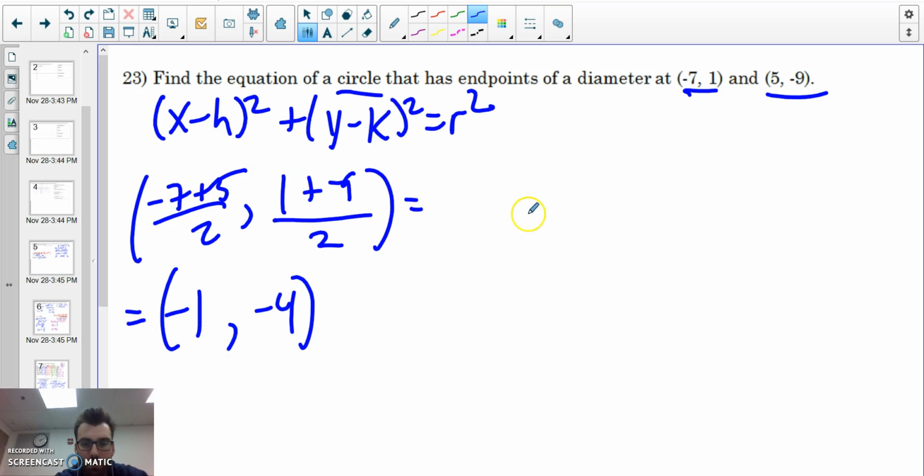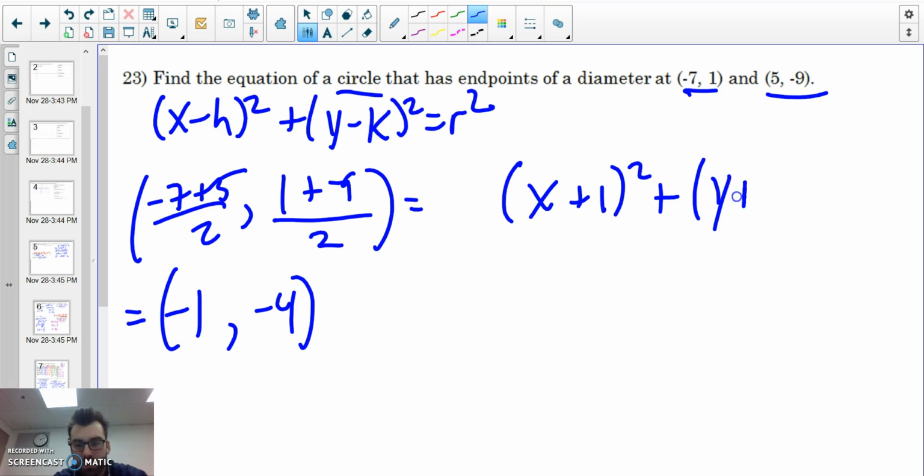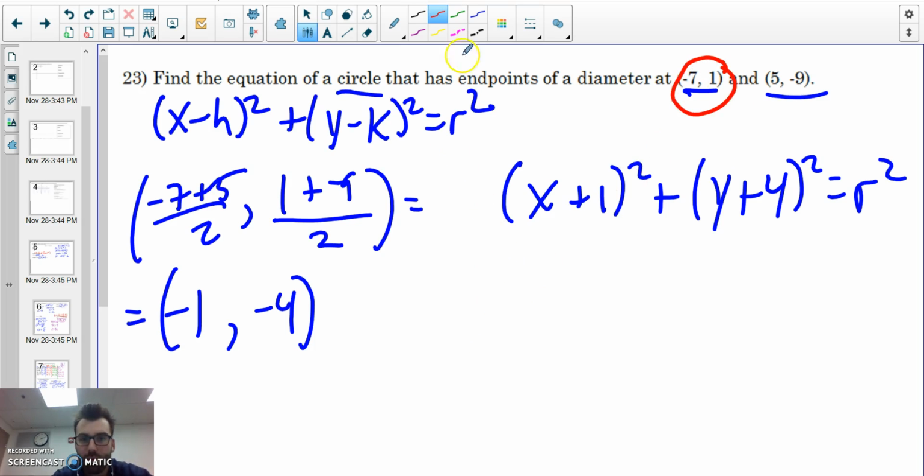So now I have x plus 1 squared plus y plus 4 squared equals r squared. So I need to solve for this r squared value. So I'm going to take one of my points. I'm just going to choose this one here and plug that point in for my x and y values.